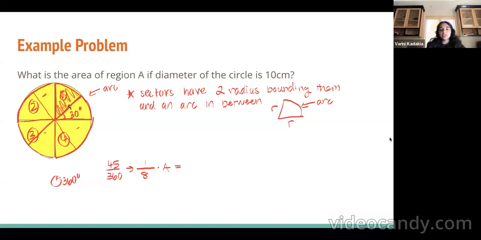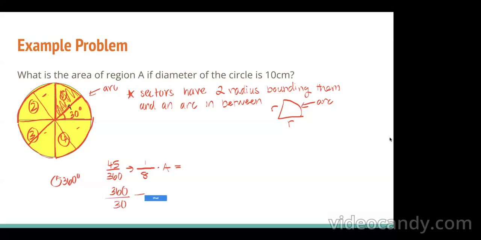How many sectors would I need to fill up my circle? So how many 30s can we fit into 360? Basically, I'm asking what 360 divided by 30 is.